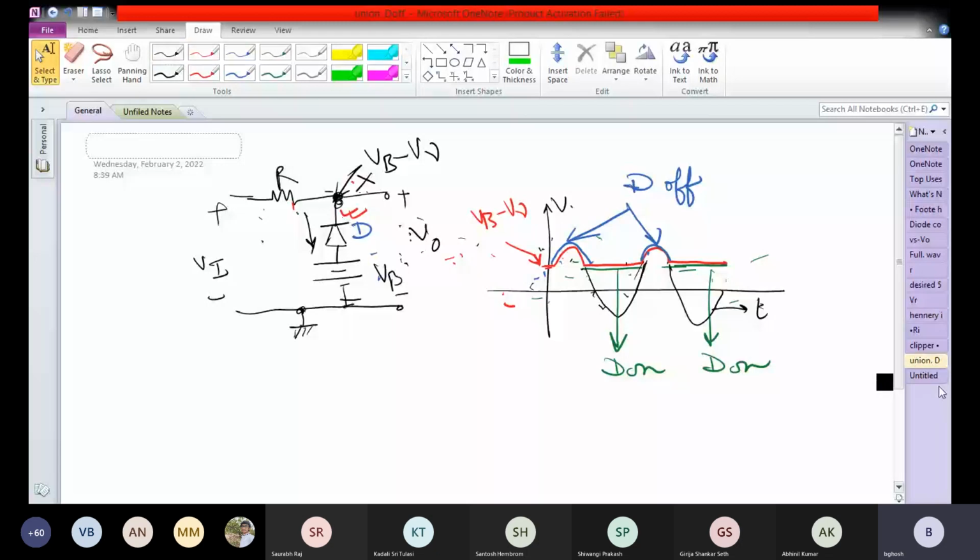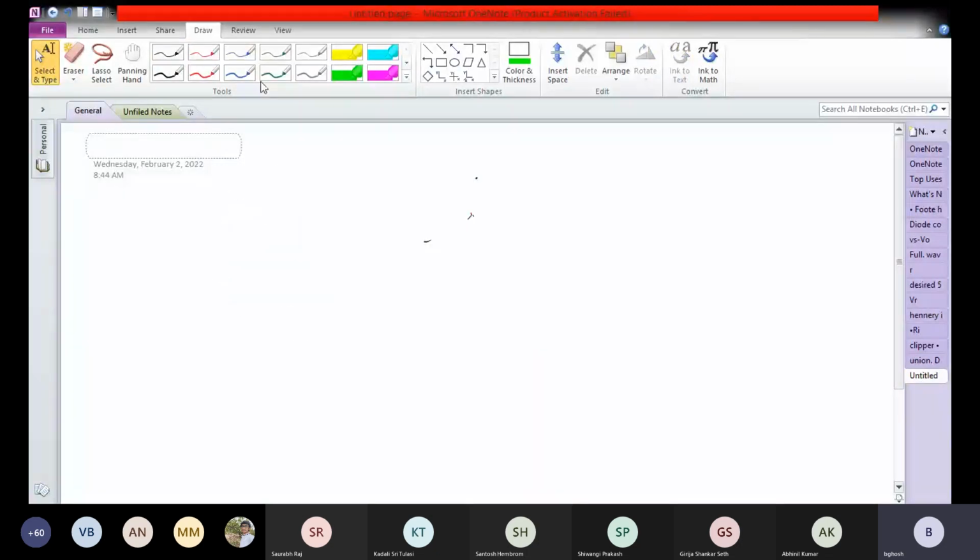So now let us go to another circuit. You apply the same logic. It is basically everything the same. Under different circumstances, you just apply the same reasoning.